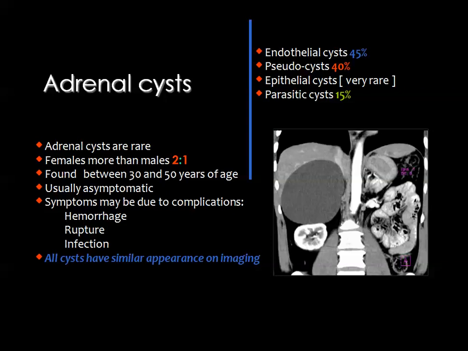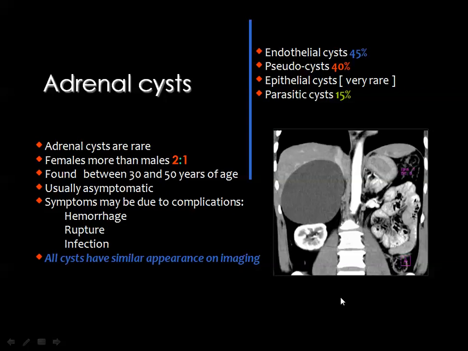Sometimes it shows marginal calcification, but this calcium does not indicate that this is a hydatid cyst in particular, since the endothelial, the epithelial, and the pseudocysts may have marginal calcium.